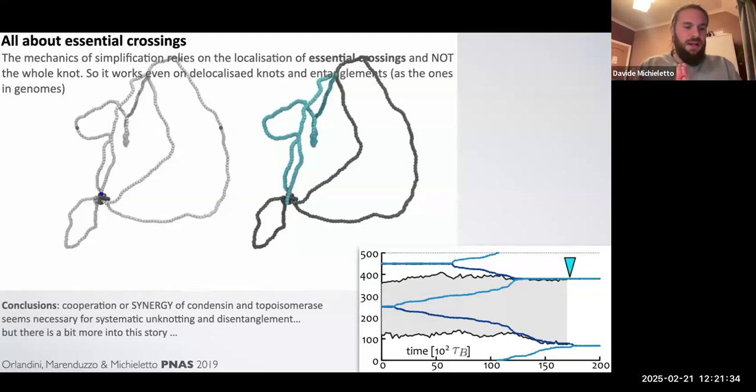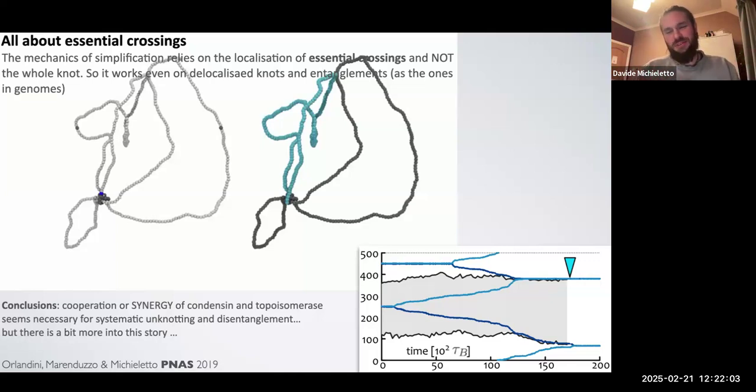So the conclusion for this part is that the synergy of condensin and topoisomerase is necessary for systematic unknotting, at least in this model. But we've done experiments, and there is another side to this story, in the sense that the experiments in our lab seem to suggest that you don't actually need loop extrusion, but that condensin enhances the simplification by topoisomerase.